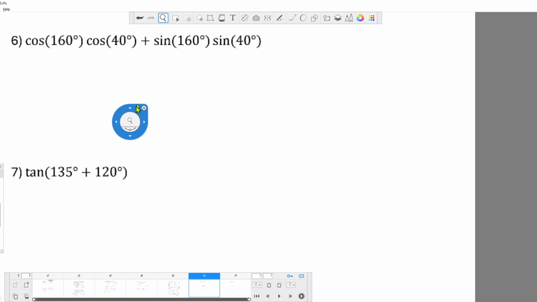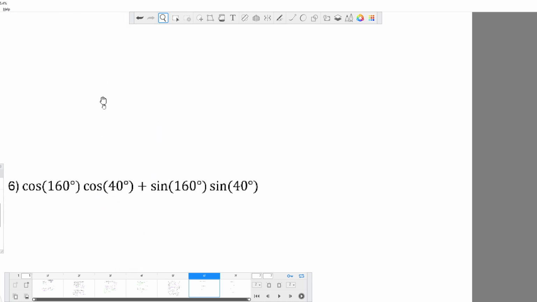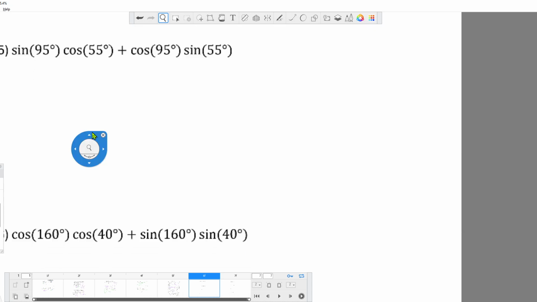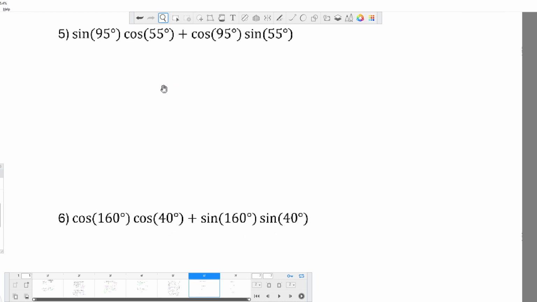Jumping over to this next set is really just a matter of doing it backwards. So looking at this, I see that it was broken down using the sine formula. And knowing the sine formula, because this is the positive, it's going to be the same sign.